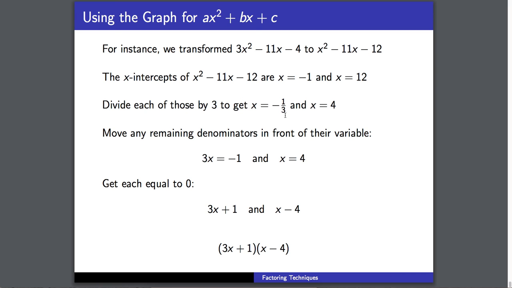So here, our variable just happens to be on the other side of the equation. We get 3x equals negative 1. Here we get still x equals 4, and then get this equal to 0 by adding 1. Get this one equal to 0 by subtracting 4. We get 3x plus 1 and x minus 4, which is how 3x squared minus 11x minus 4 factors.